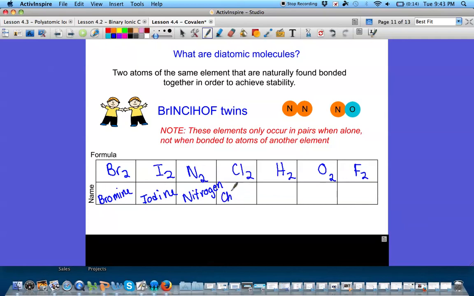Cl2 is chlorine. H2 is hydrogen. O2, oxygen. F2 is fluorine.